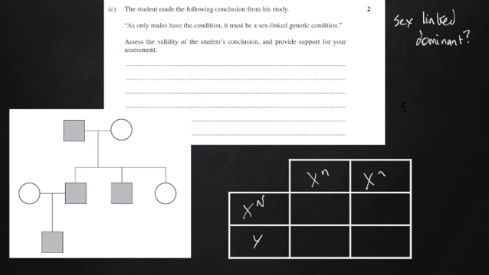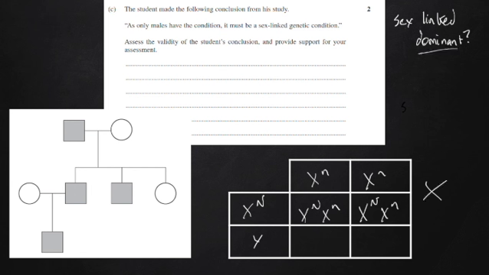The offspring would be, the female would have it. And as we already saw before, all the females would have it. So no, we can get rid of sex-linked dominance.